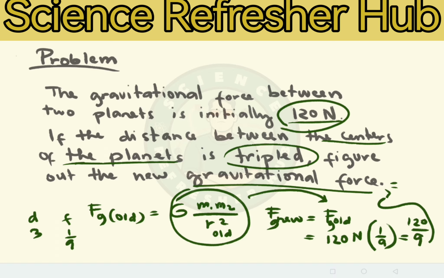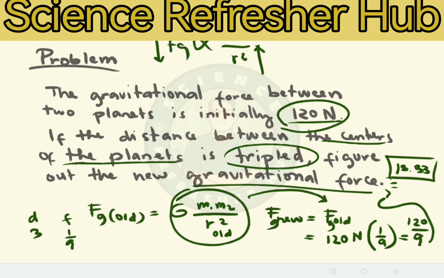We will try to solve it using our calculator. So 120 divided by 9, the answer will be 13.33. That is the new FG. As we all know, FG is inversely proportional to our r squared. So if we increase the r squared, we will have a lesser FG here. So yeah, this is it.